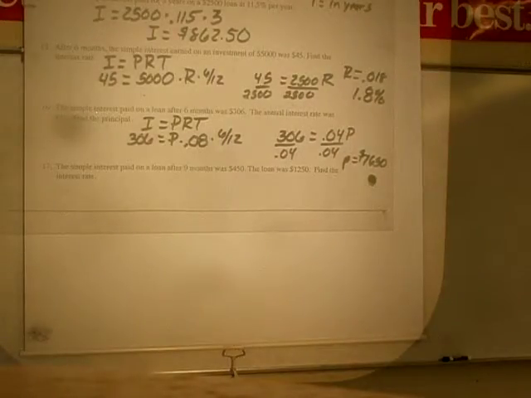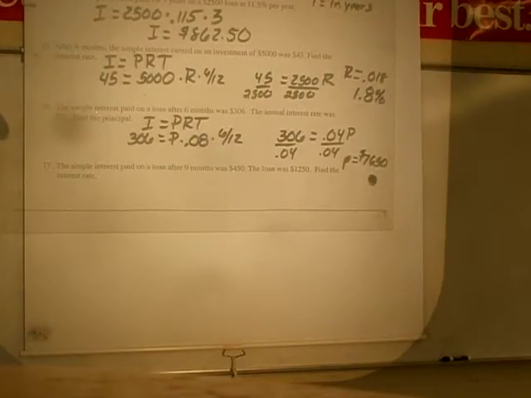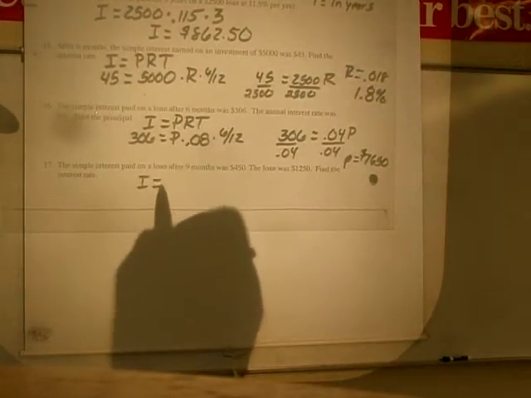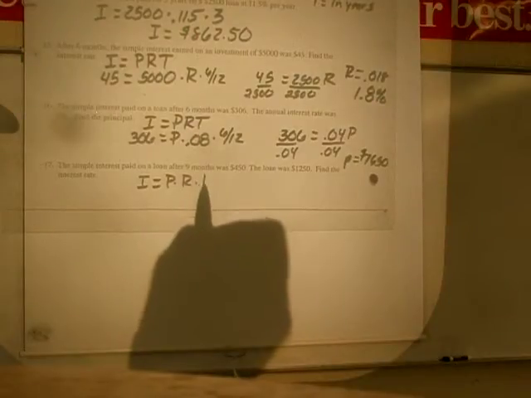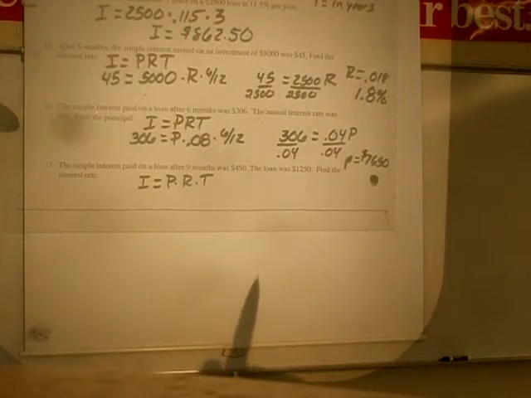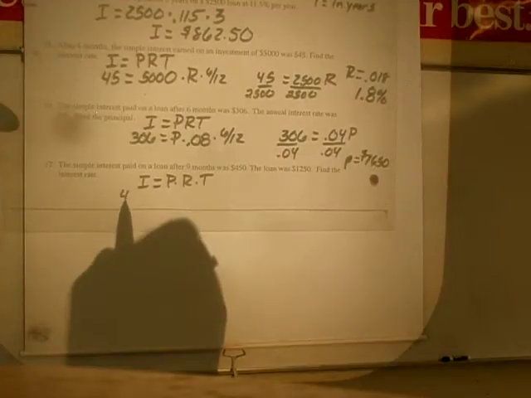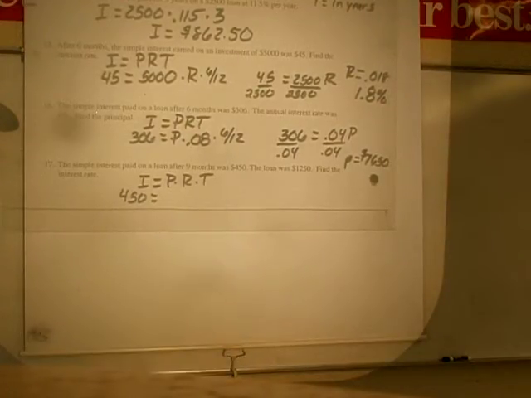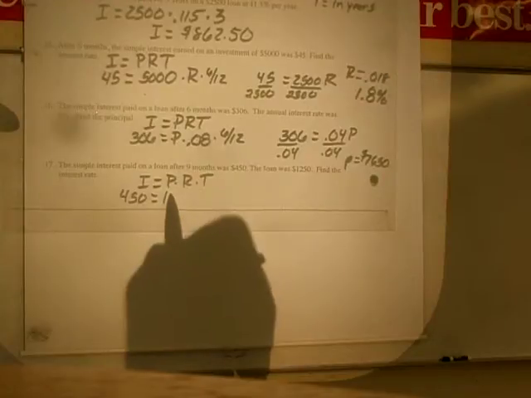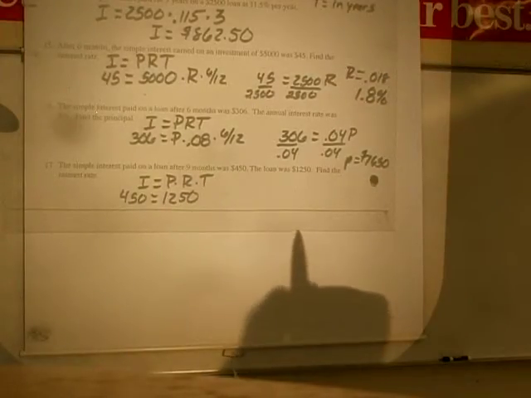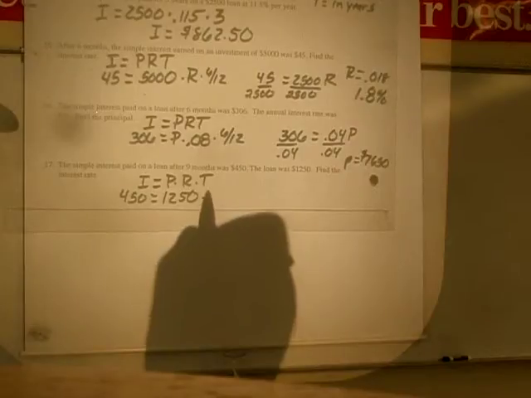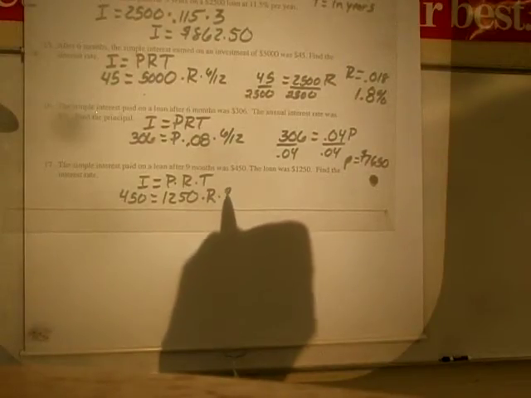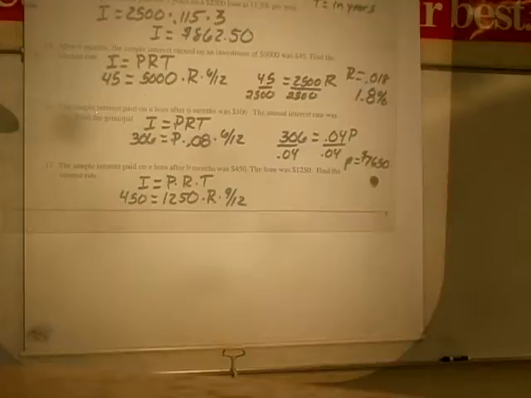17, simple interest paid on a loan after 9 months was $450. The loan was $1,250, and we are asked to find the interest rate. Interest is principal times rate times time. $450 is what was paid in interest. The loan was for $1,250. We do not know the rate, and time is in years, so that's 9/12.